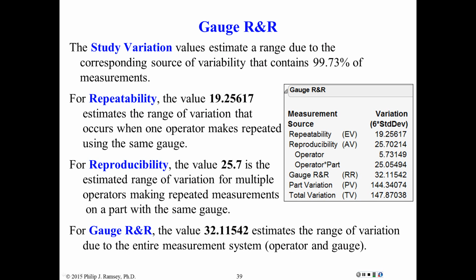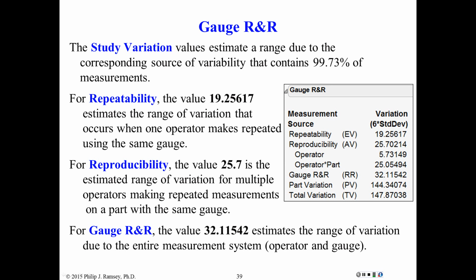Reproducibility is the variation that occurs when you measure the same unit with the same gauge but have multiple technicians, or you could be measuring the same part with multiple operators, appraisers, technicians, those terms are all used, and multiple gauges.